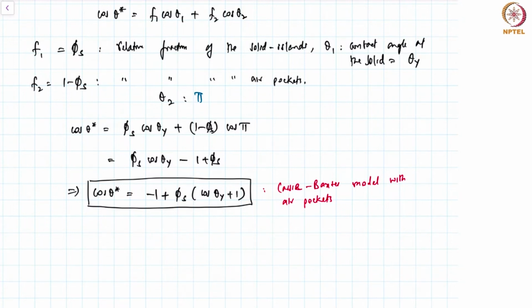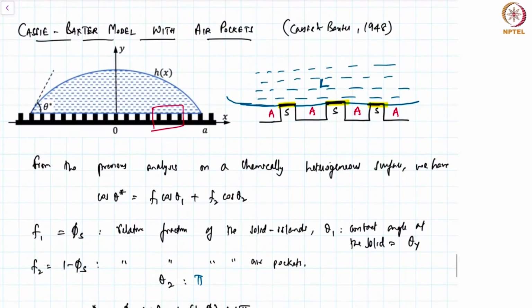The primary reason is that you can certainly have the interface coming and meeting the solid on top of a pillar, but the interface cannot actually come and meet the substrate between the air pockets, right?